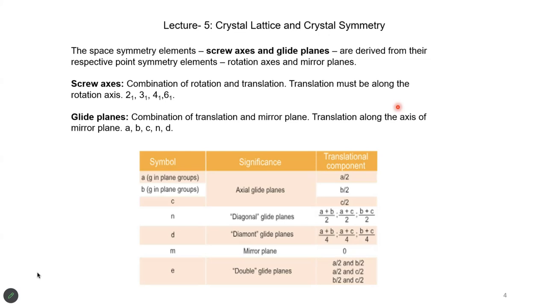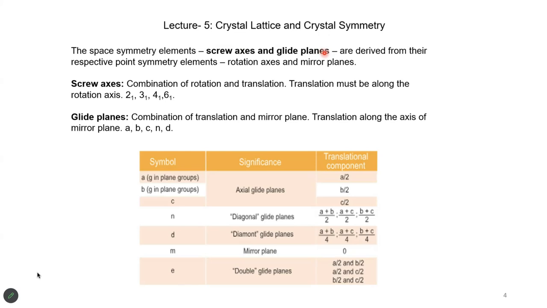When we want to go to space groups, we also have to think about space symmetry elements. In point groups, we were talking about point symmetry elements. Now we have to talk about space symmetry elements, and there are 2 of them. One we call the screw axis, another we call glide planes.